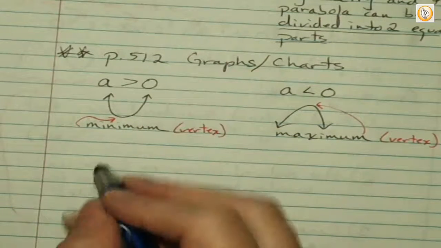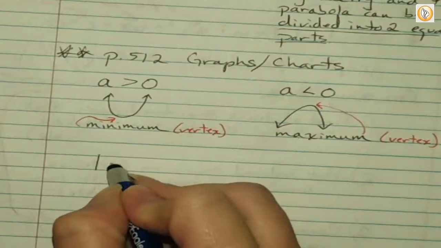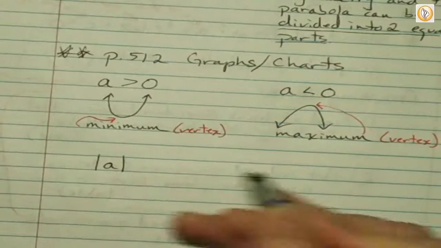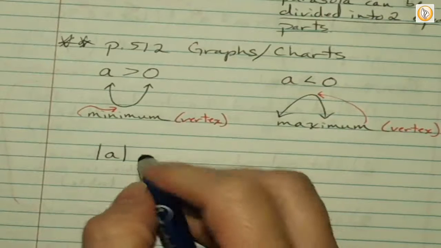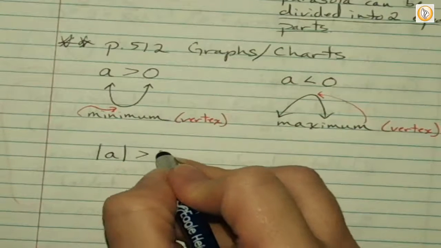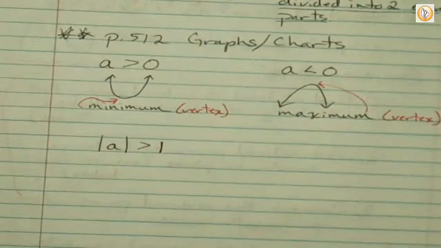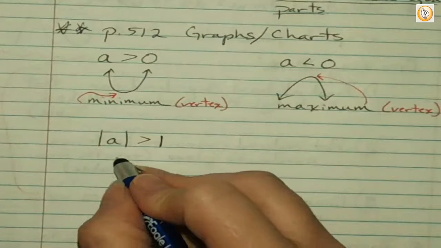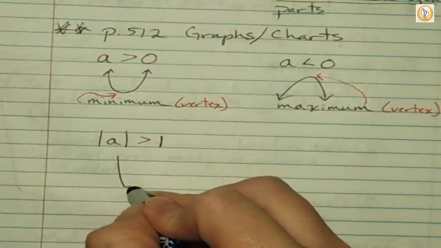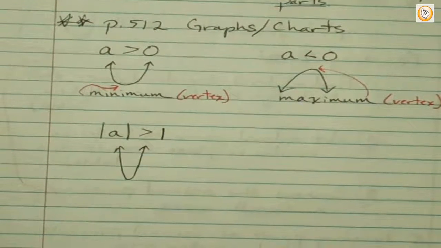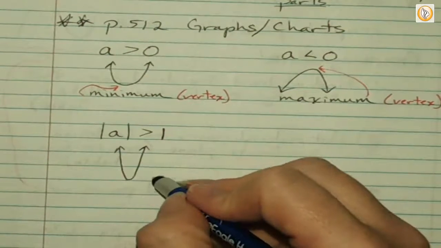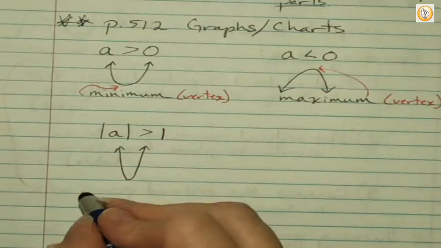Okay, now, if the absolute value of A is greater than 1, not 0, but greater than 1, it's going to be skinny. Now, it could be skinny going the other direction, but it's going to be skinny.